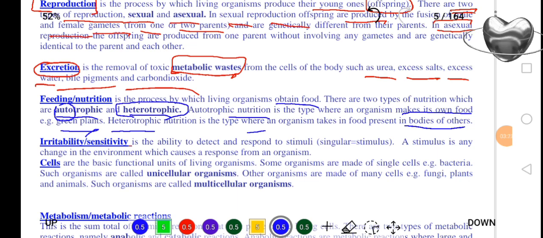You are not the one who made the nutrients in those cassava leaves. Therefore, since you are getting those nutrients from the bodies of other living organisms, you are known as heterotroph, and the mode of nutrition is known as heterotrophic nutrition.